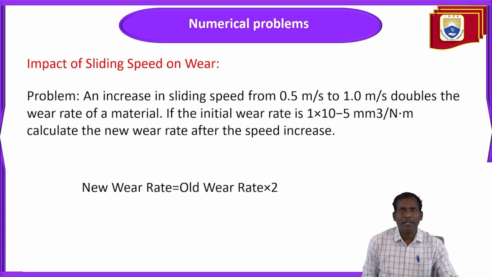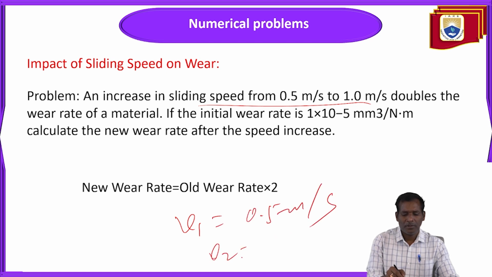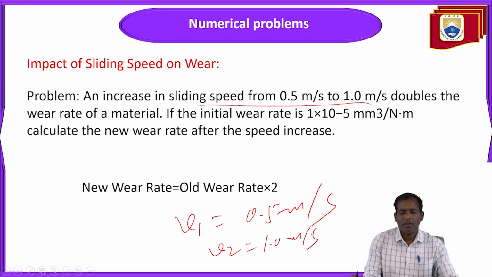Next, the impact of sliding speed on wear. An increase in sliding speed from 0.5 meters per second to 1.0 meters per second doubles the wear rate of the material.